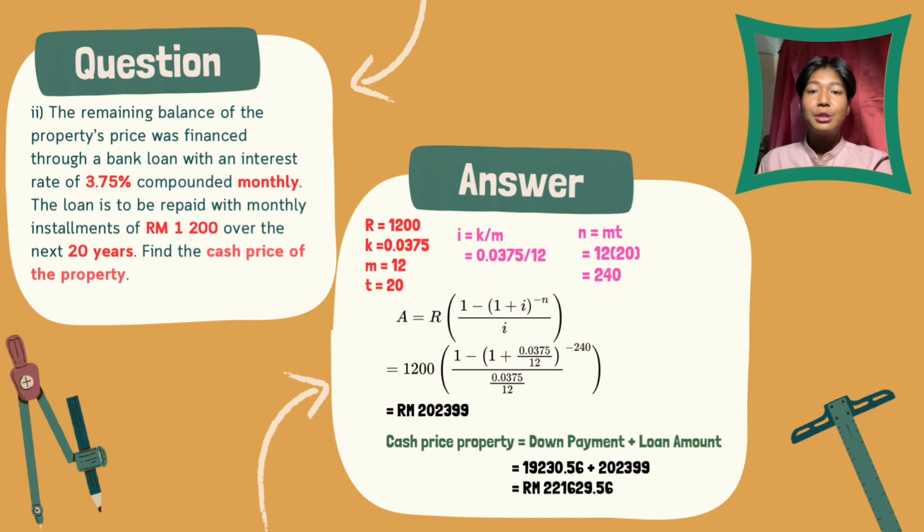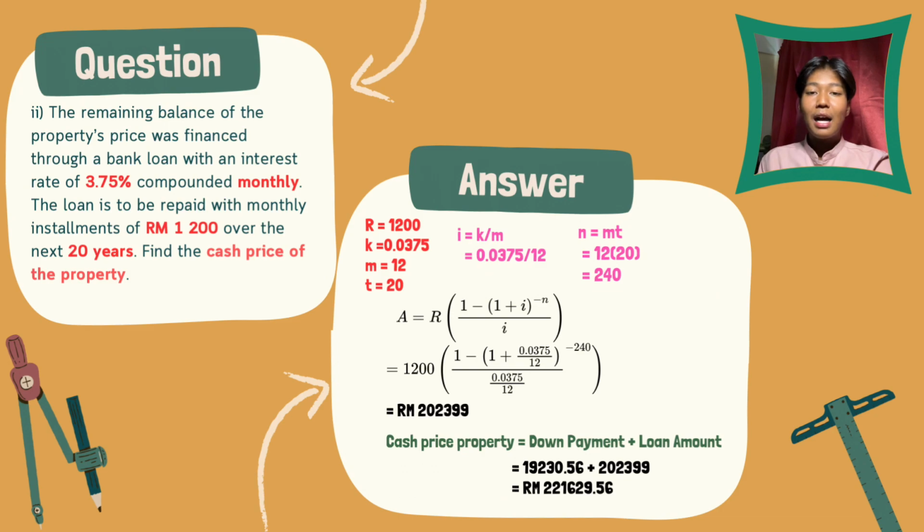R equals 1,200, k equals 0.0375, m equals 12, and t equals 20. Next, we need to find i, which is 0.0375 over 12.